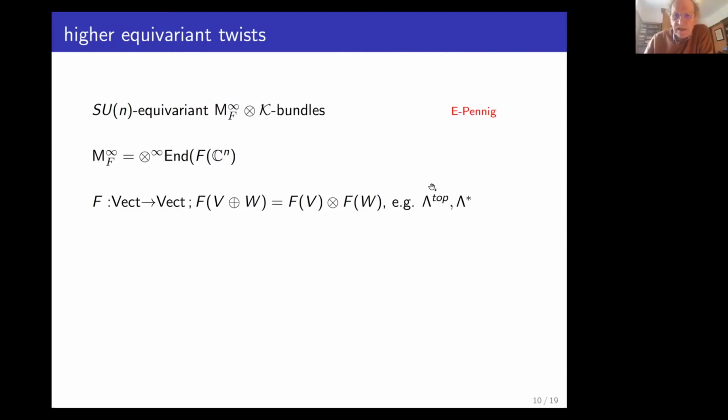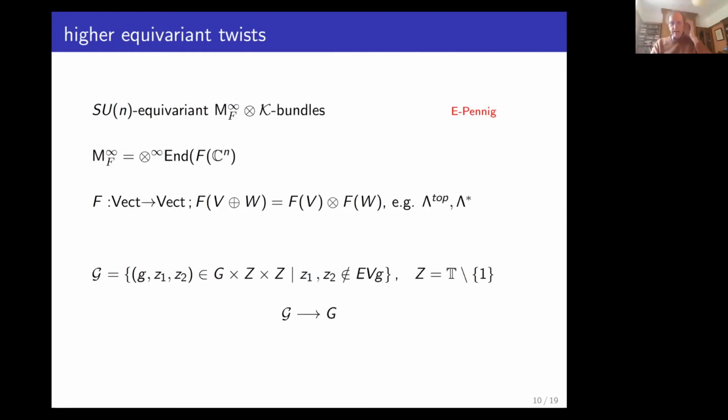So taking this functor, lambda top, will reproduce the bundles of Hopkins-Teleman. But if we take the full symmetric power, then these algebras are non-trivial, and we'll get something new. So I'll be focusing on this lambda star here.